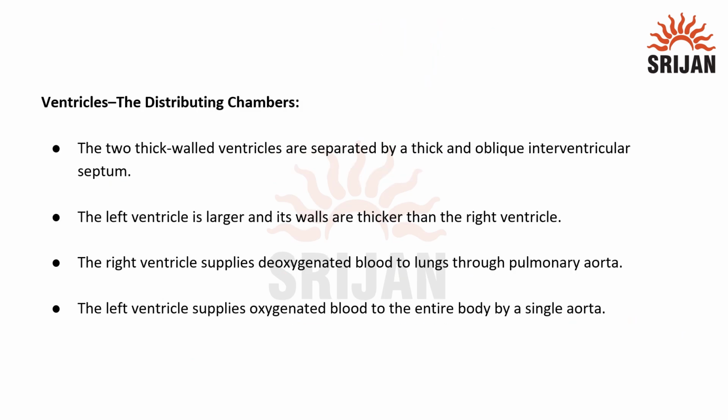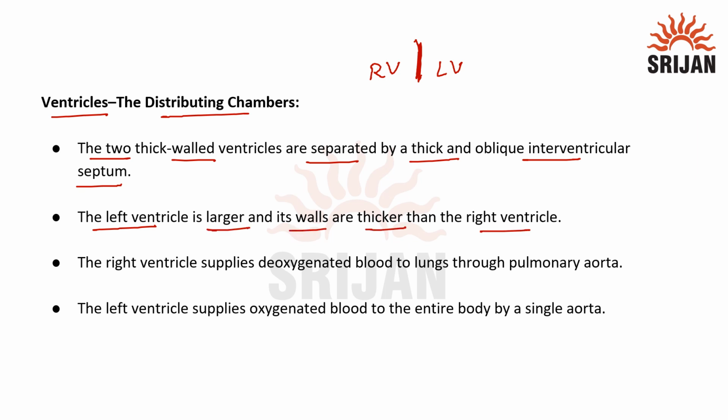Now let's talk about ventricles, the distributing chambers. The two thick-walled ventricles are separated by a thick and oblique interventricular septum. So if this is the right ventricle and this is the left ventricle, this is going to be the interventricular septum. The left ventricle is larger and its walls are thicker than the right ventricle.